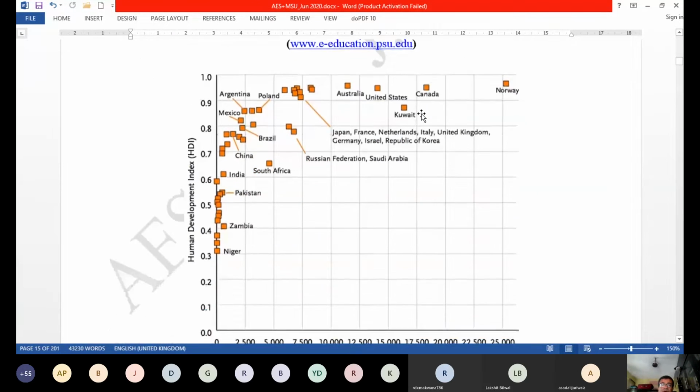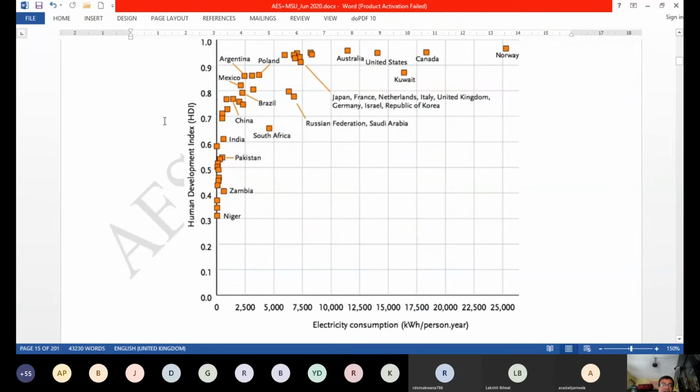Then, like I talked about HDI, that is Human Development Index, and Human Development Index of different countries are given, and here the Human Development Index is plotted against electrical power consumption per person per year.